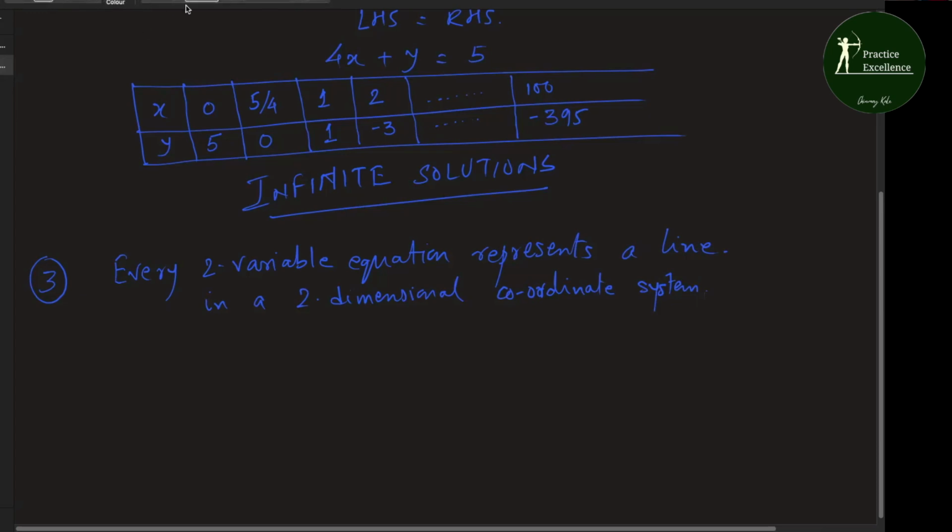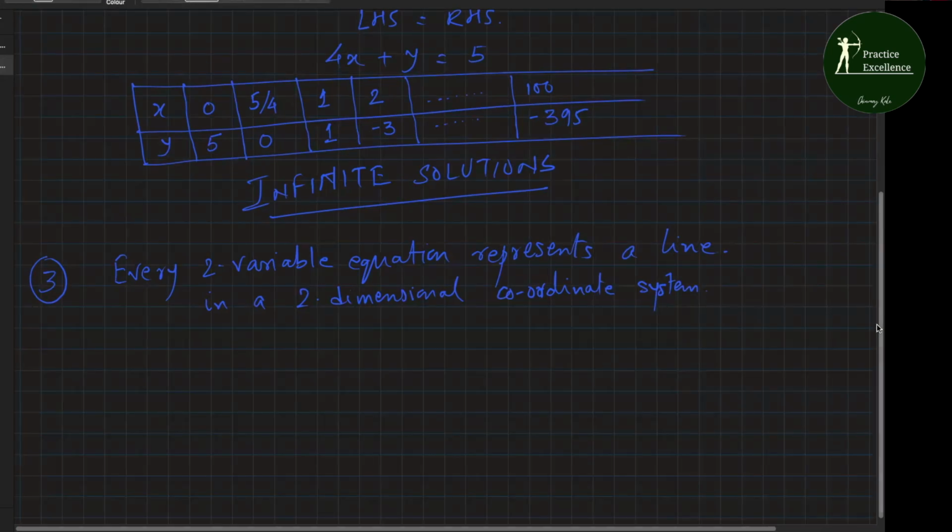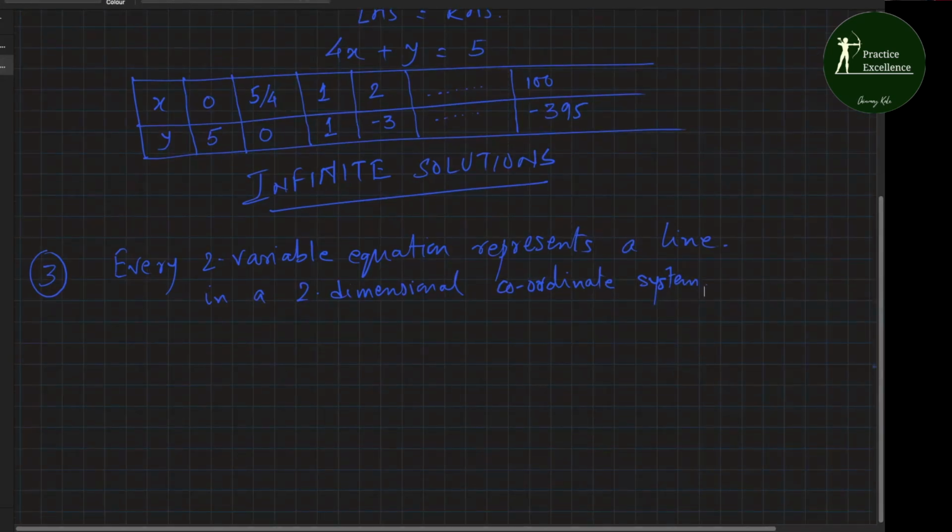Let us see. So here we have just changed our layout to a graph kind of a system. And let us see what a two-dimensional system is. So let us see if we can plot the graph of this line.